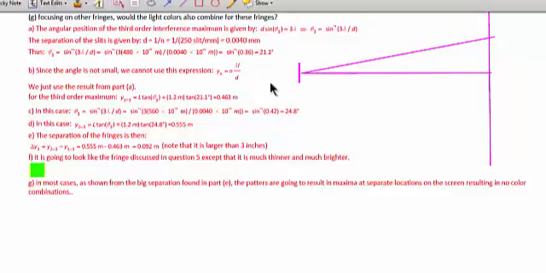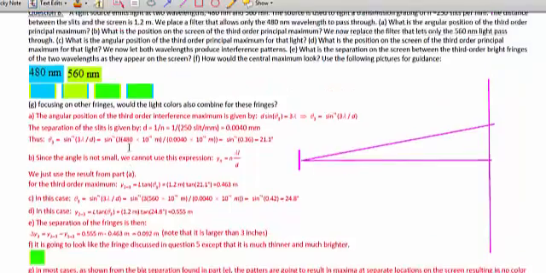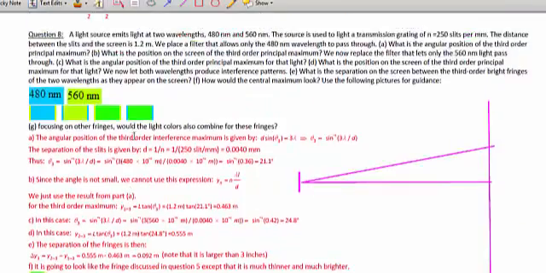So it's 24.8 degrees instead of 21.1 degrees. And y2 sub 3 is L tangent theta sub 3, which comes out to be 0.555 meters instead of here where we found 0.0463 meters. The separation of the fringes then is the separation of these two: 0.055 meters minus 0.0463.